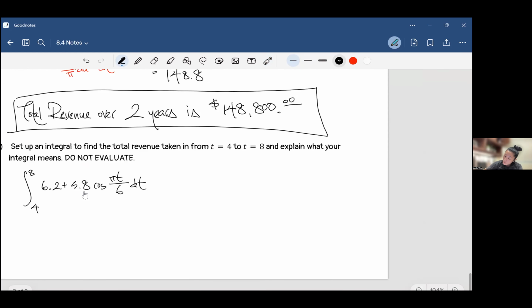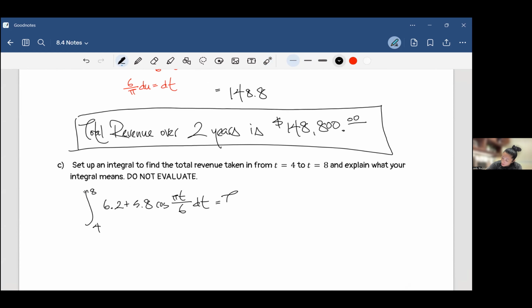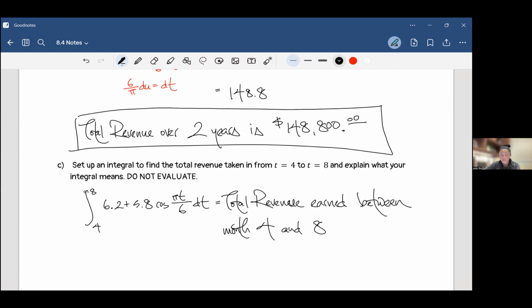And so when we evaluate this, we would get the total revenue earned between month 4 and 8 that the sales of ski jackets made. So it's like how much money you made selling ski jackets between month 4 and month 8. That's what that part means.